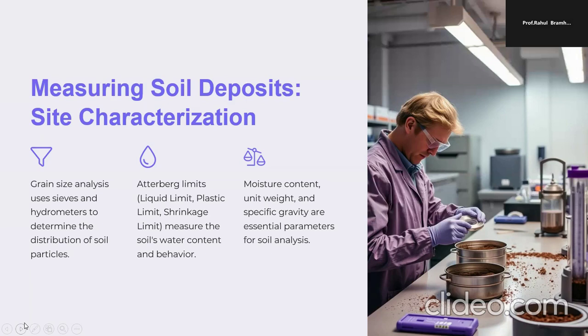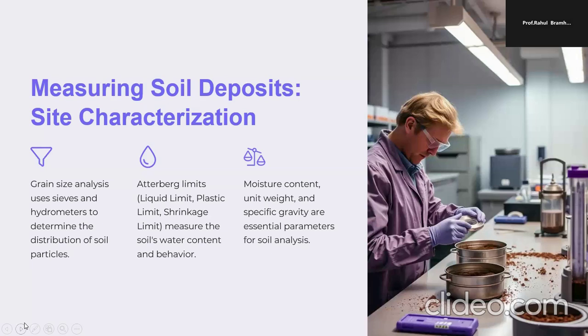The next one is the presence of water content and its behavior, which is found out by using a number of techniques in the laboratory: the liquid limit, plastic limit, and shrinkage limit. Then the next one is finding out the water content, unit weight, and specific gravity of soil.